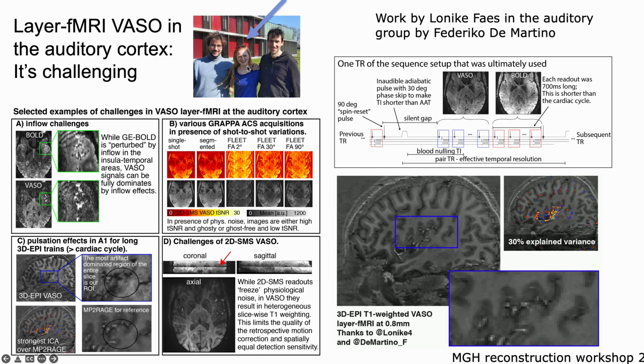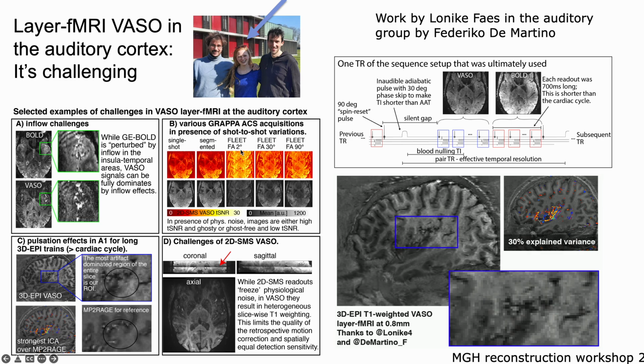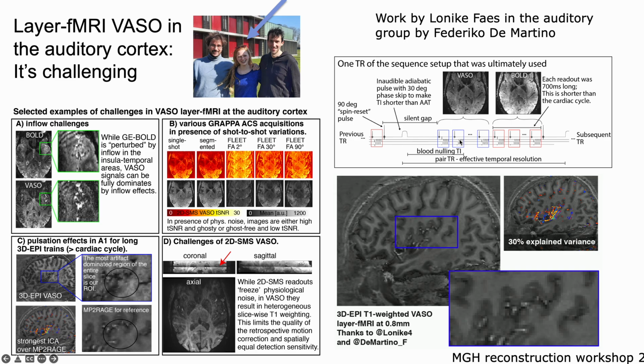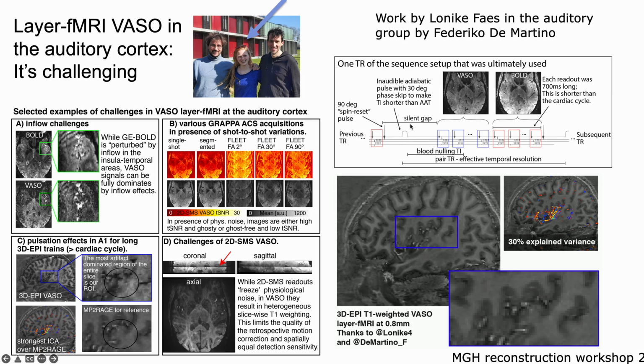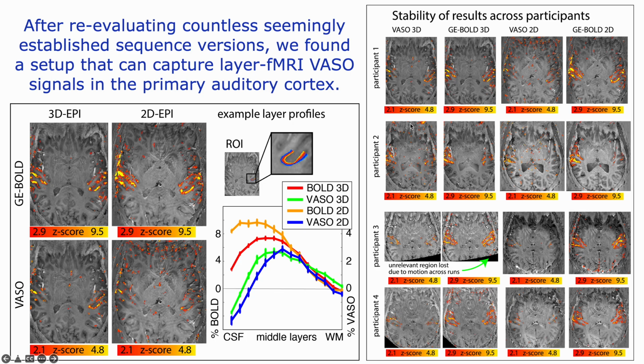So Lonike Faes here really had to reinvent the wheel on so many acquisition choices, looking at GRAPPA reference schemes, looking at inflow effects, looking at 2D versus 3D, until we ultimately ended up with a quite nice, concise 3D small field of view acquisition blob following a silent gap that we need in VASO anyway to present stimulus and then amplify the response, which gives quite consistent results across participants here. So we do see that in VASO we definitely benefit from 3D acquisitions, and in gradient echo BOLD mostly from 2D SMS. And we do see this reduced domain bias in the superficial layers as expected.